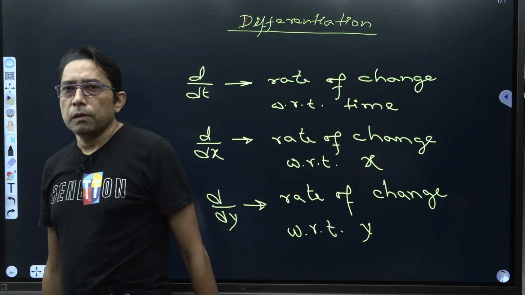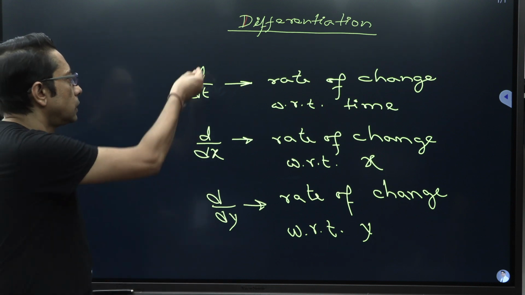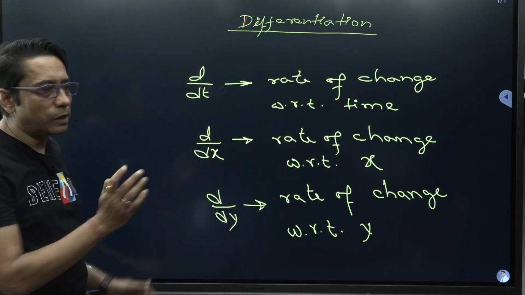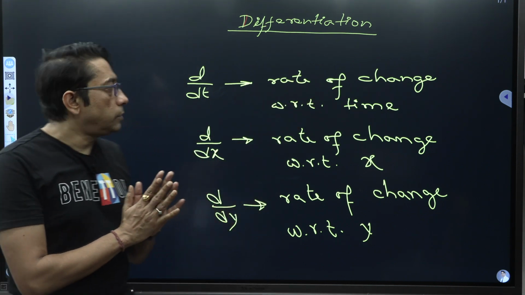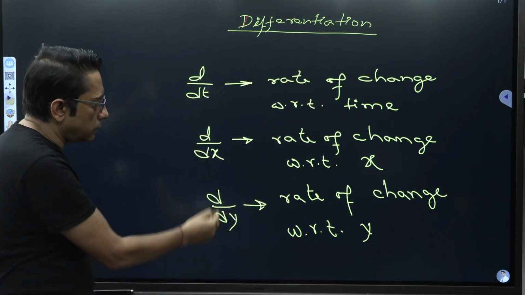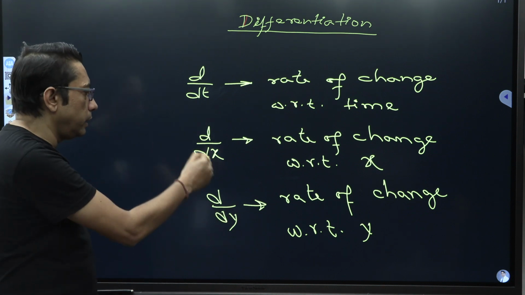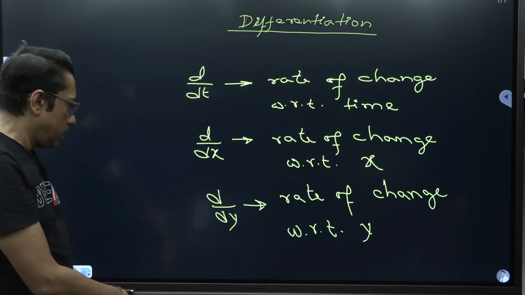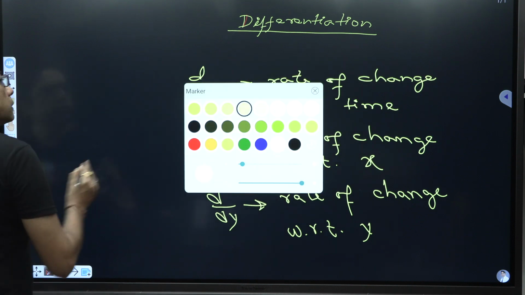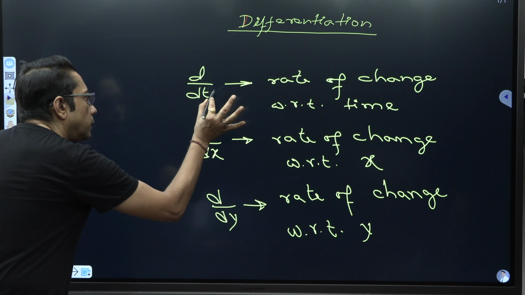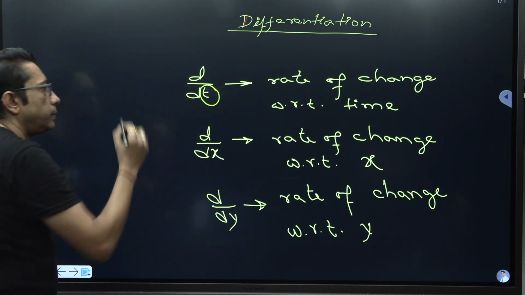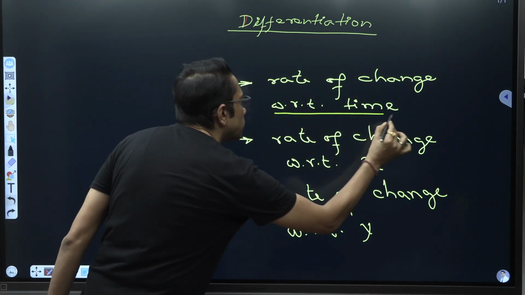d by dt, or we can say d divided by dt, but we call it ddt. ddt represents rate of change. Now it may be d by dx, d by dy, d by dt. Whatever appears in the denominator, appears time, so it is with respect to time.